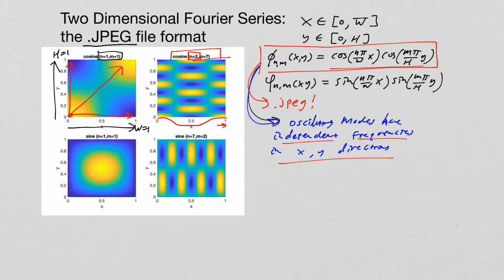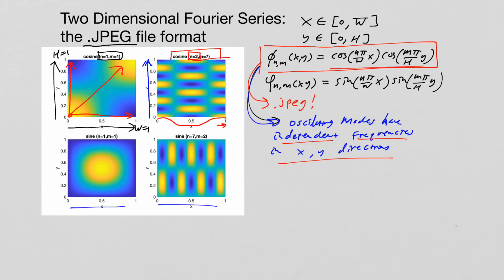Likewise, if you go in the y direction up, like this, you can see it cycles through not 7 times, but actually 3.5 times as you go through all those cycles of that m equals 7 mode. So clearly there's a higher frequency in the y direction than the x.